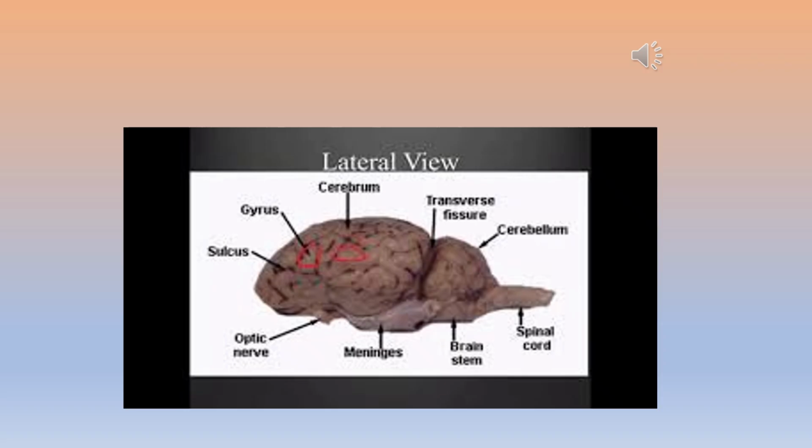Furthermore, in the human brain, what we would see are clear-cut divisions between lobes. We don't really have that in a sheep brain. There are different areas of the brain that are dedicated to different services, but the delineation between one part and another is not quite as clear in lower animals as it is in humans.